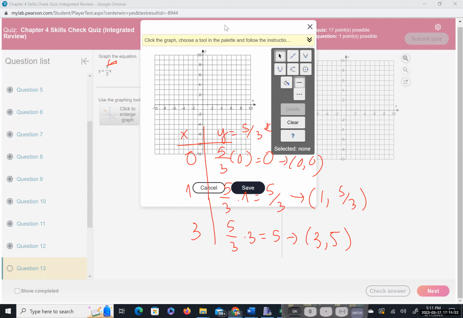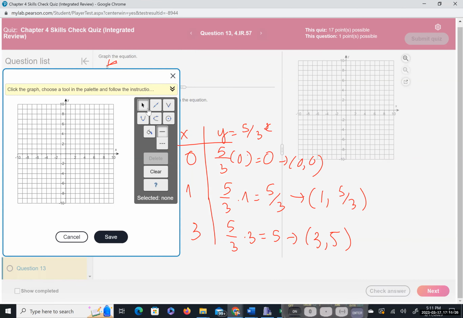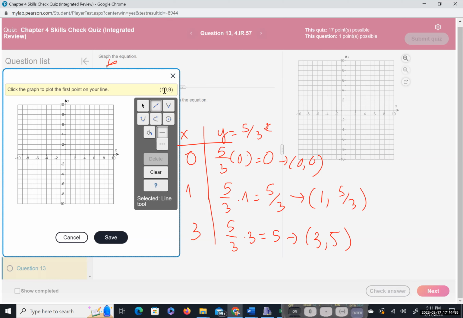Okay, so let's see. First, I'm going to choose the line, right? And choose the point. Can I change this one? No, I can't. Okay, so I'm going to choose 0, 0.